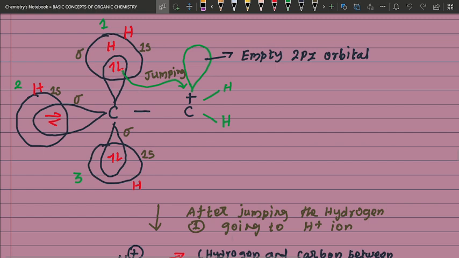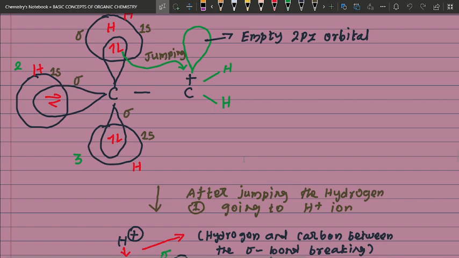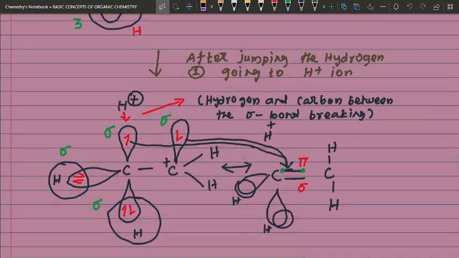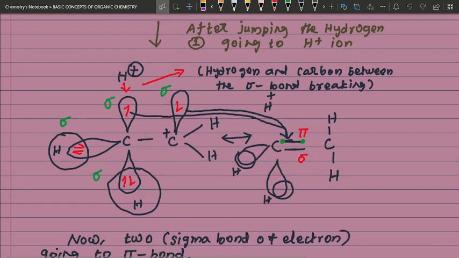So now after breaking this, one electron jumps to this orbital. This is this carbon's empty 2pz orbital. Here all are sigma bonds, so this sigma bond is going to convert into a pi bond. Let's see below. Please see the image. After jumping, hydrogen 1 goes outside as an H plus ion.